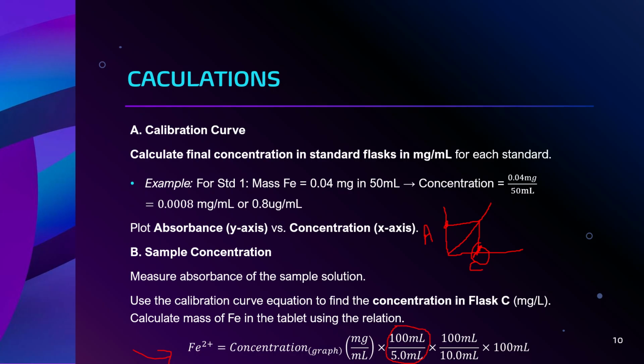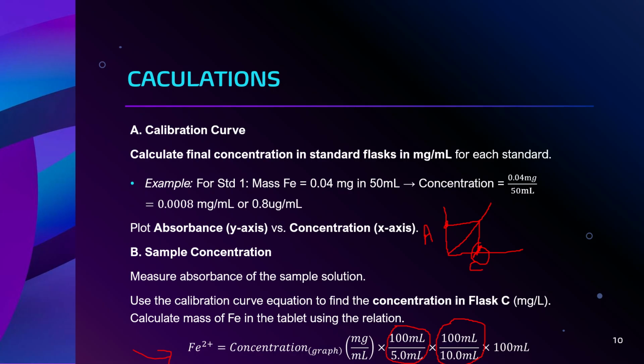And because flask B was prepared by taking 10 ml from flask A and diluting it to 100 ml, this volume factor will give you the concentration of iron in flask A. Flask A contains all the iron from the tablet, and it was 100 ml.